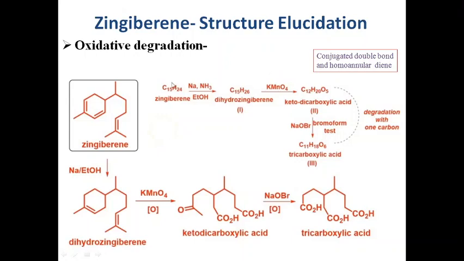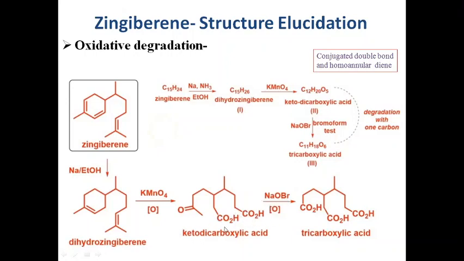On the basis of this flow chart, we can give the probable structure of zingiberine. This is the probable structure of zingiberine. The tricarboxylic acid was isolated and its structure determined as this one, structure 3, containing 3 carboxylic acid groups, which resulted from the bromoform test of the keto dicarboxylic acid.